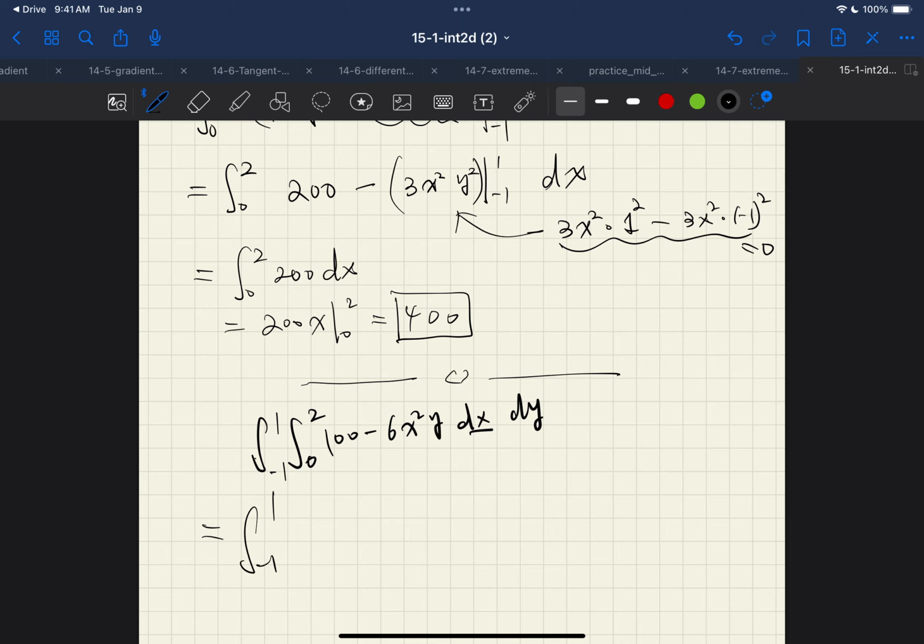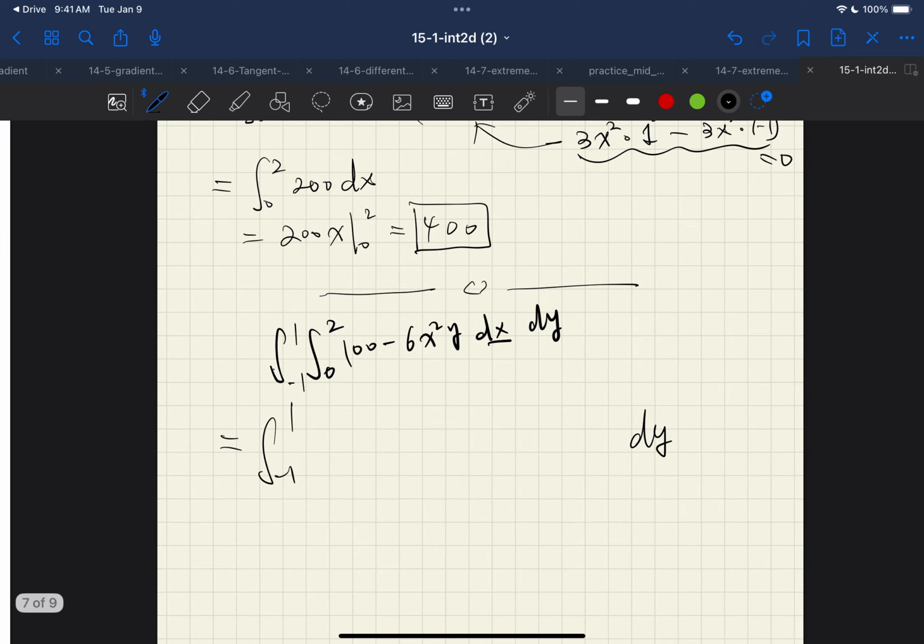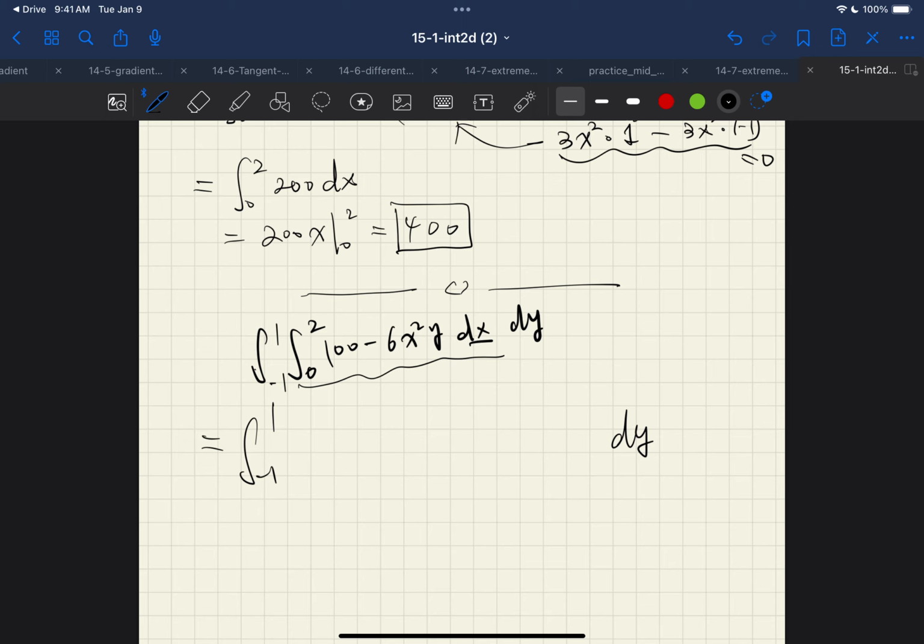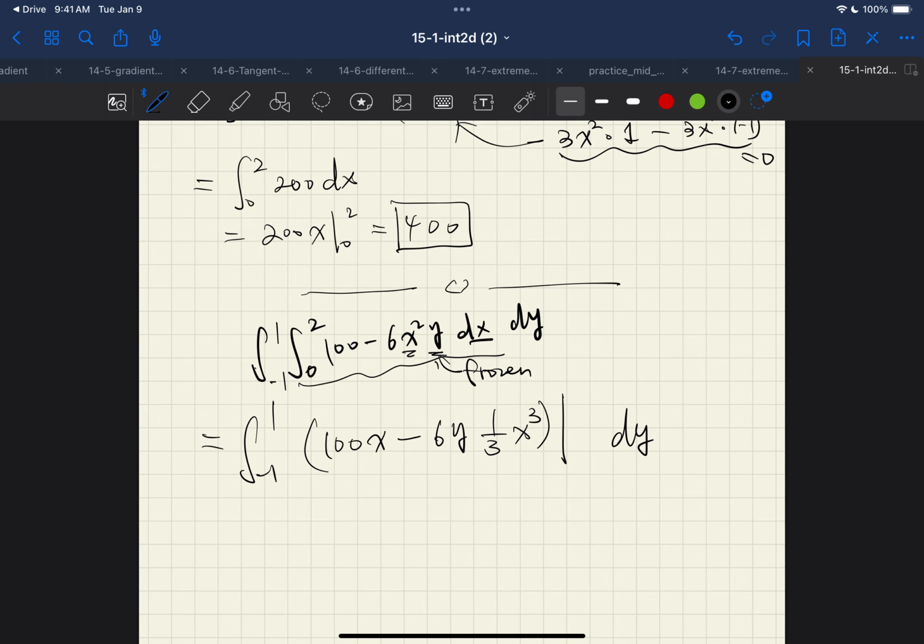So again, we don't touch the outer integral, just the inner integral. The antiderivative is 100x minus 6y. Y is frozen now. X squared is the variable, so this is 1/3 x cubed, from 0 to 2. So if you calculate for 100x, when you put in 2 and 0 and take the difference, it is 200.